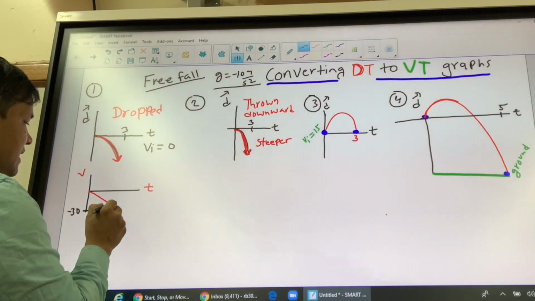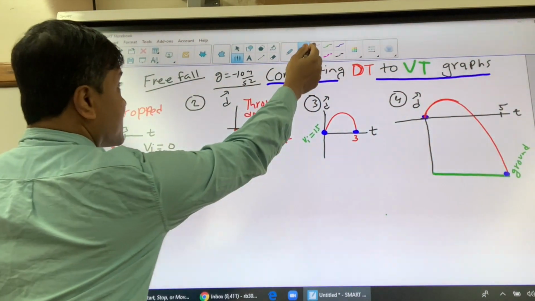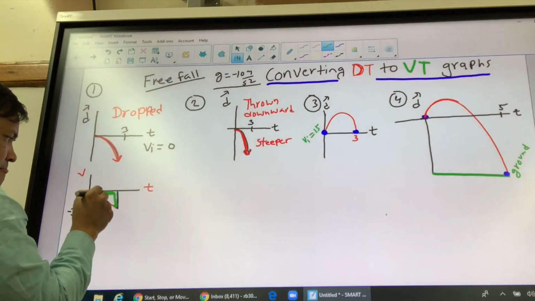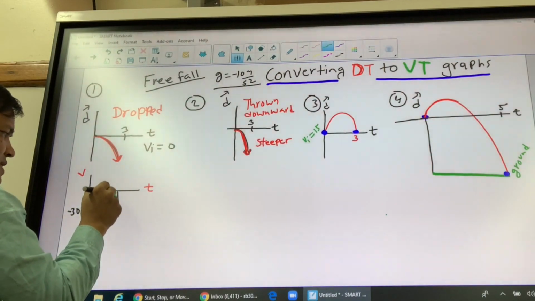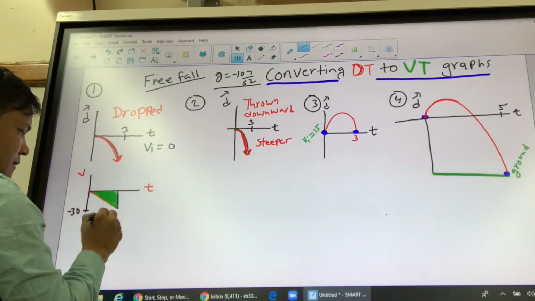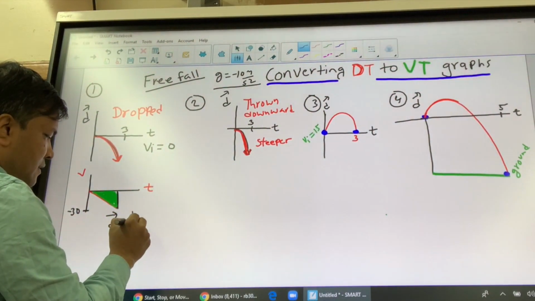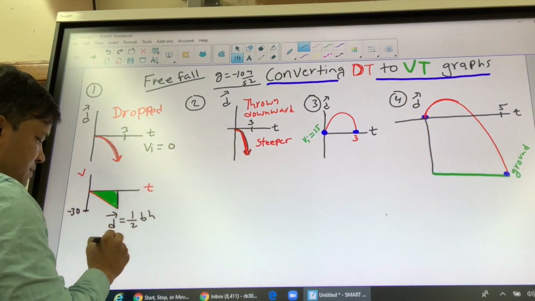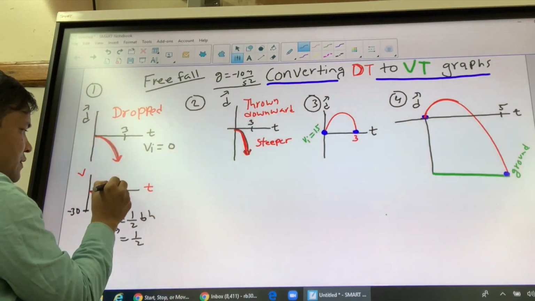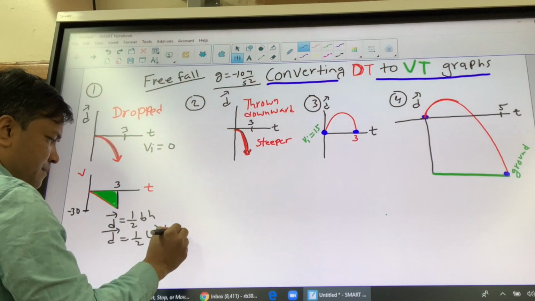So with that I can find the displacement. Let's find the displacement quickly. This is the displacement, and the displacement formula is the area under the curve, which is half bh. So displacement is half, b is 3 seconds, and height is -30.